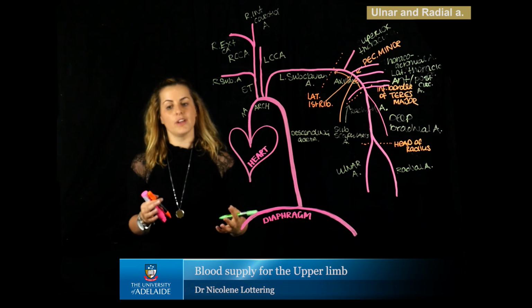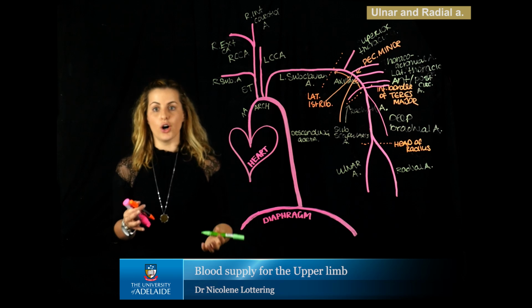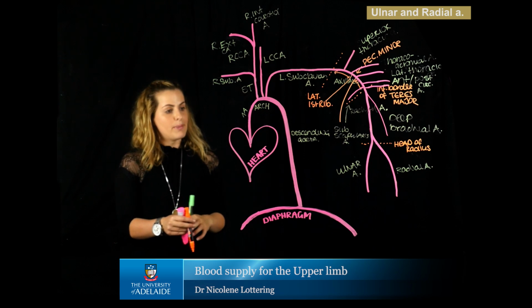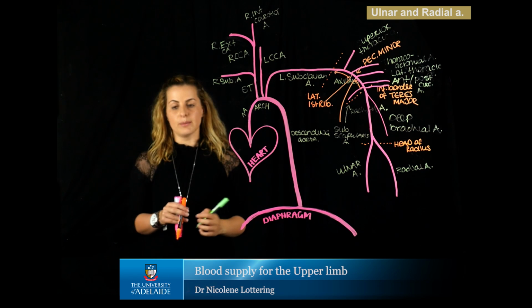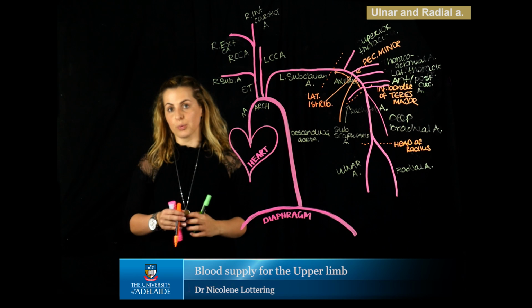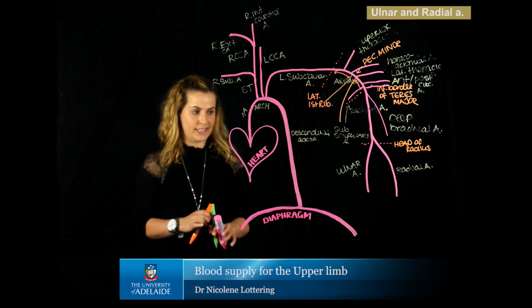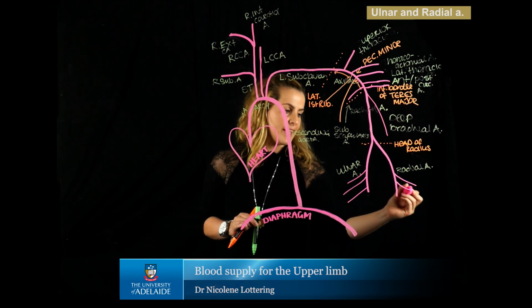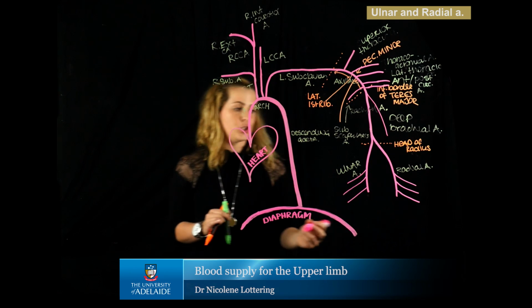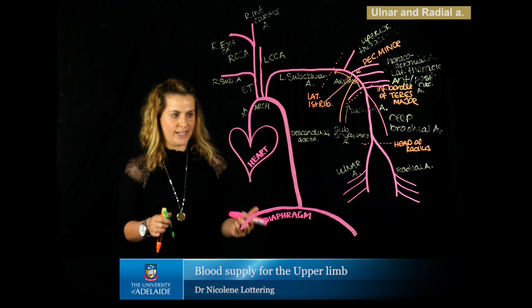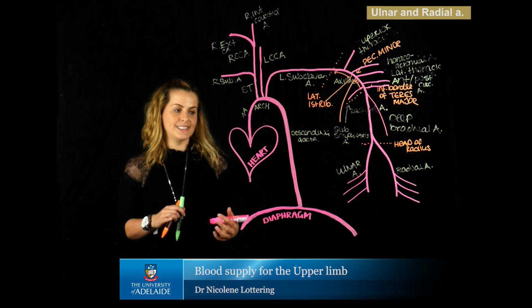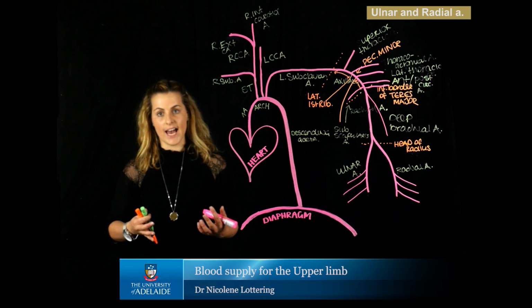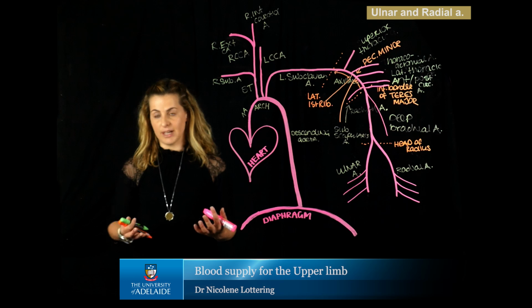So I will be making a video of the intricate blood supply of the hand and the wrist, but I will, in this diagram, show you the distal collateral branches associated with the ulnar and the radius. So specifically, there are 3 major branches that we need to know associated with the ulnar and the radius. But what's important first is to remember that when we're talking about the hand and wrist, there are 2 palmar arches.